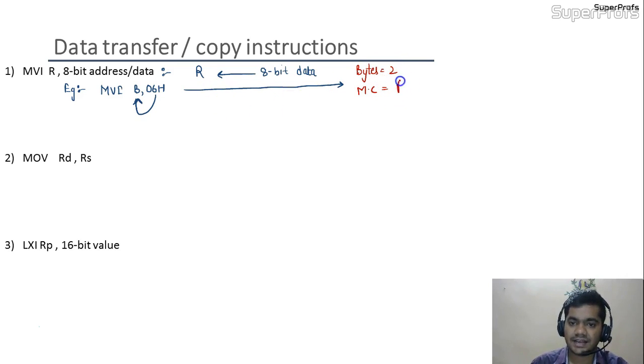The first machine cycle would be fetch, the compulsory machine cycle, and the second should be memory read, because this data is present in the memory. So we have to access the memory so that it can be transferred to the register present in the microprocessor. Number of T states: for fetch it would be 4, for read it would be 3. So the total is 7 T states.